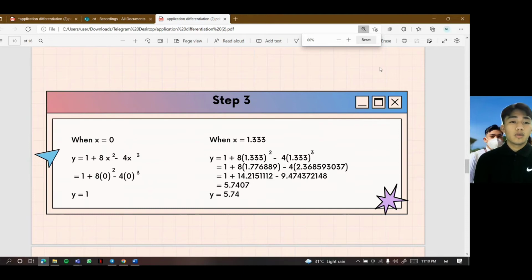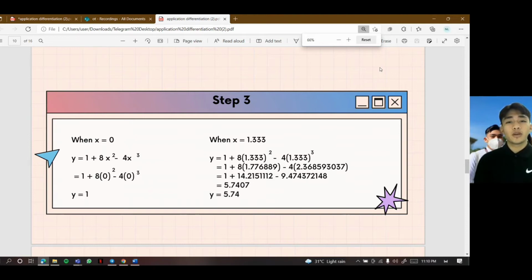So 1 + 8(0 squared) minus 4(0 cubed), y equals 1. The answer is 1.